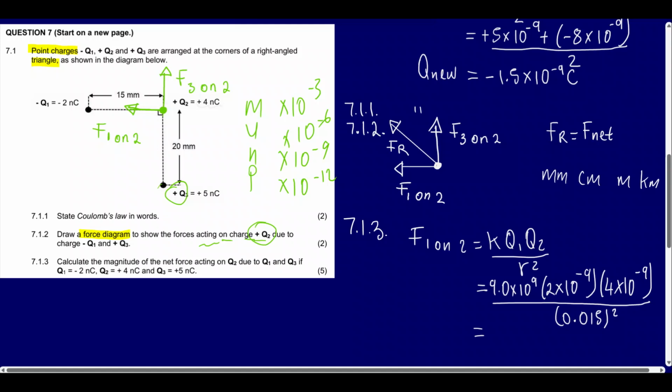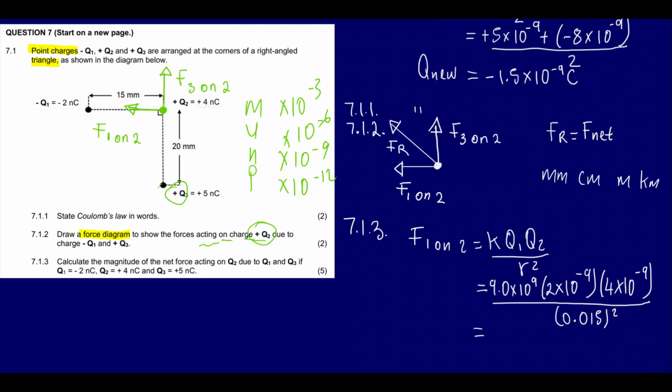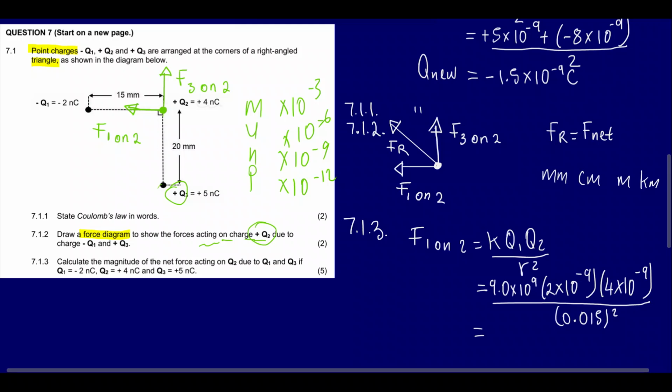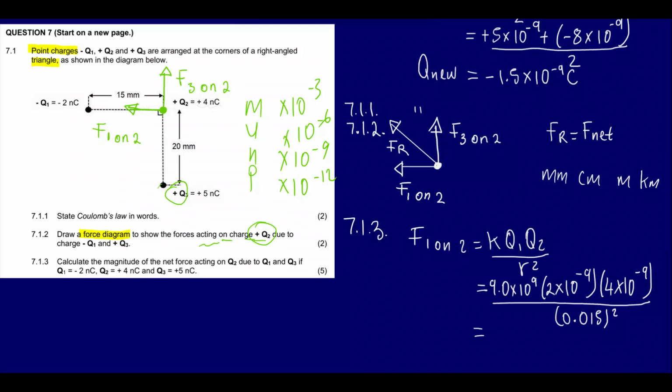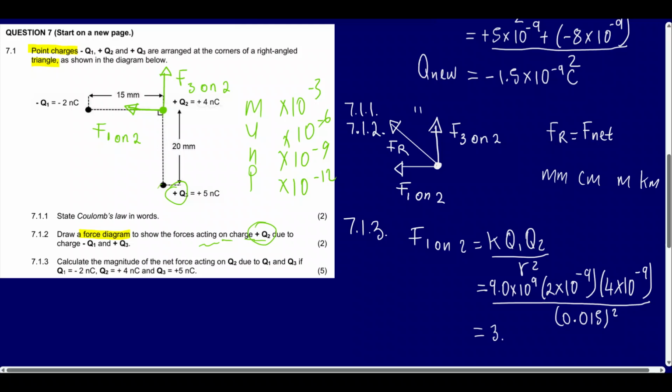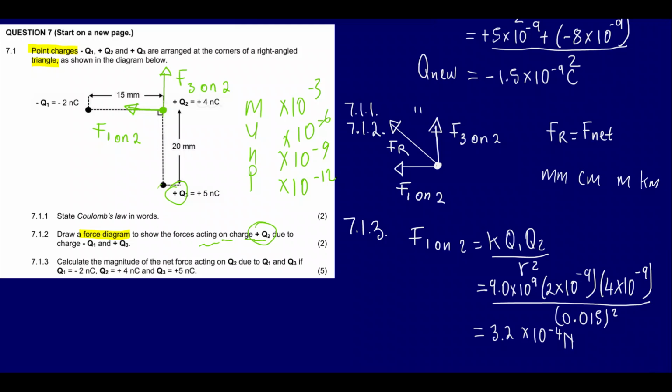Squared, right? So let's calculate the force here. It's going to be 9.0 times 10 to the power of 9, times those two charges, over 0.015 squared. That gives us 3.2 times 10 to the power of negative 4 newtons, right?